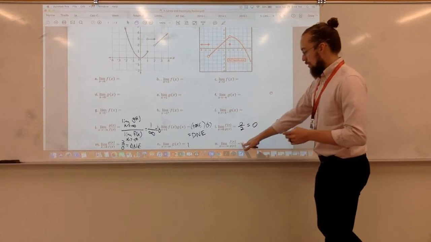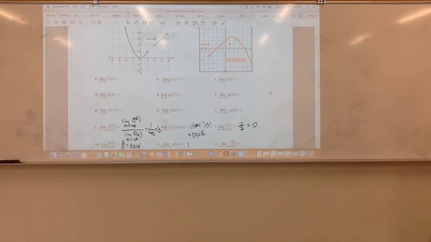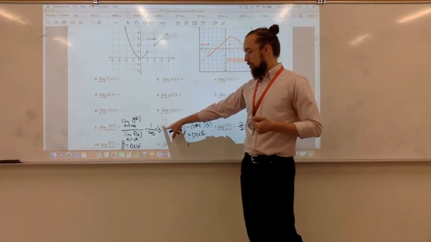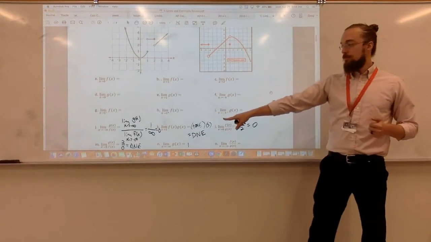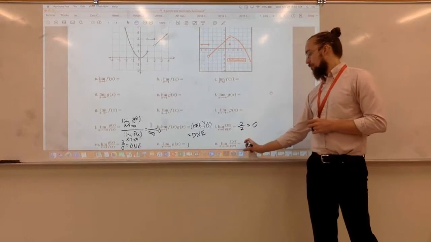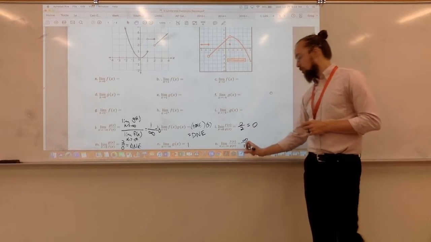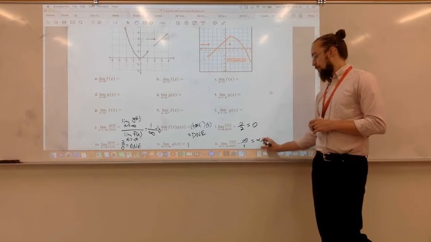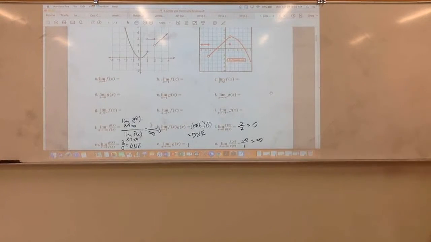And the last one, as x approaches negative infinity of f of x over g of x. Well, we already did g of x over f of x, so we're just flipping j here. So this would be infinity over 1, which would just be infinity. Right? Feel okay with those?